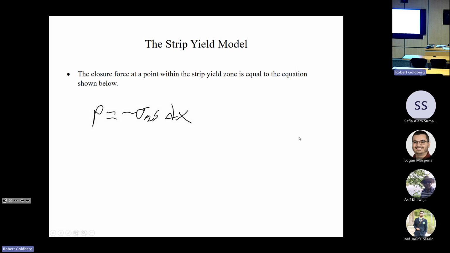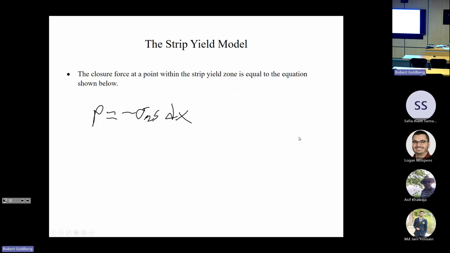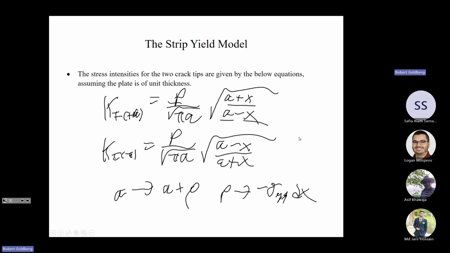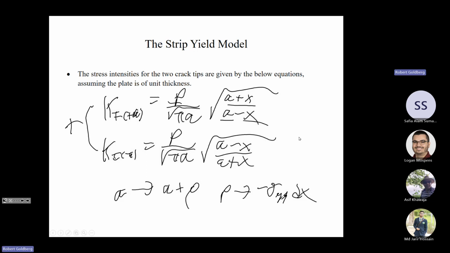So for each of these expressions, we take this a and replace it with a plus rho, and we replace our load with negative, because it's a closure stress, the yield stress times dx. We plug all that in, and we sum the contributions from the right and the left. So we take this and add it to this.